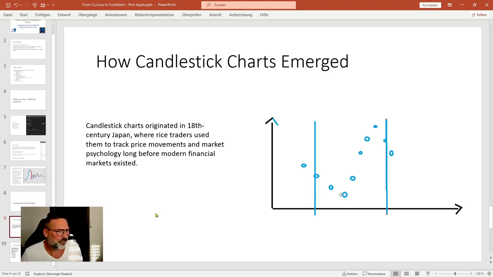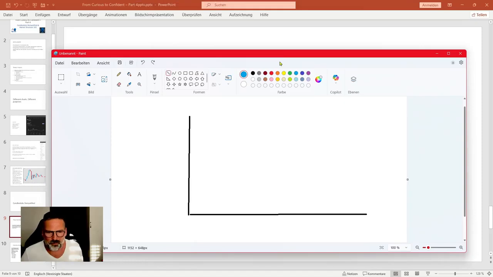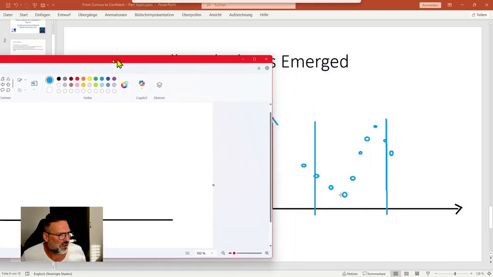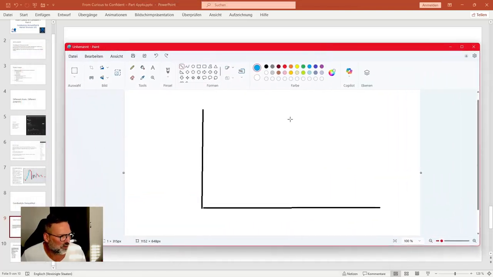Guess what? So let's bring back paint, but we don't assume we are rice traders here in feudal Japan. Let's assume we are in the early 20th century, before the age of computers. We were sitting there at the New York Stock Exchange, and we were just tracking the movement of a particular stock, General Electric or whatever.